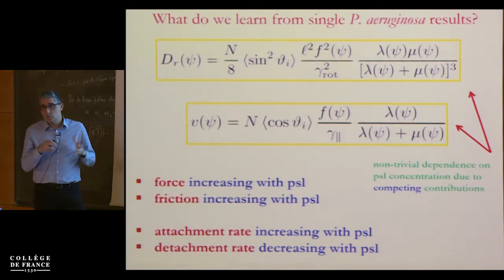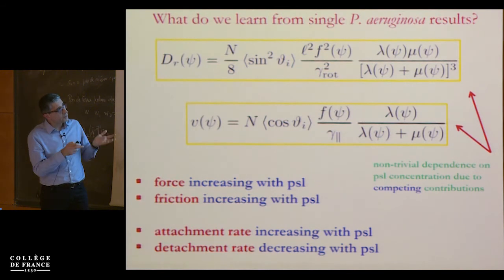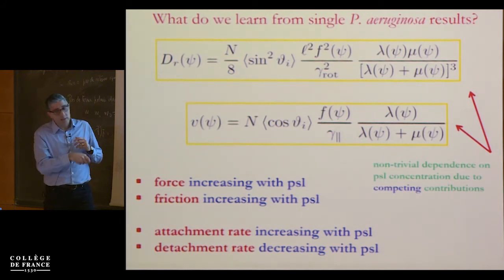So what happens when you put all of those things together? And it's impossible to predict theoretically whether the velocity goes up or down, because you have the force here, the friction coefficient there, and the rate of attachment and detachment there, and all are arbitrary functions of the concentration.